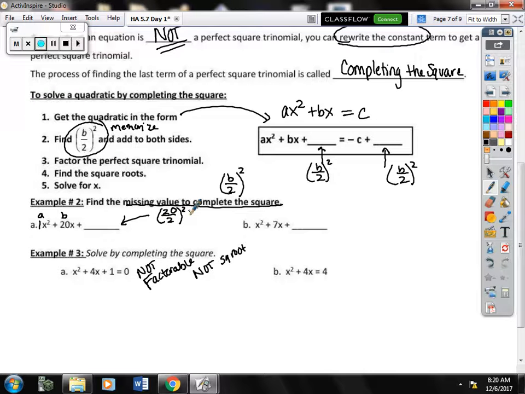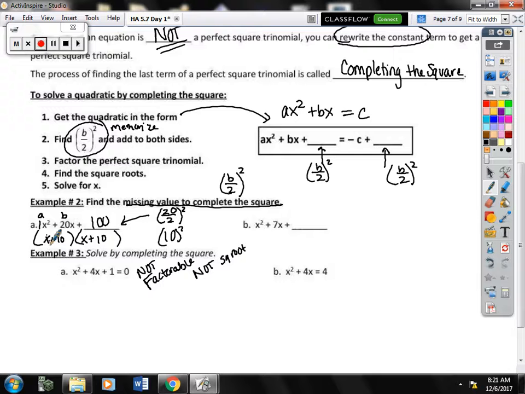You do want to use parentheses first to get 10, then square it to get 100. Now check and make sure this is a perfect square trinomial. If I were to factor this, I would factor into x plus 10, x plus 10, which is exactly the same, which means it's a perfect square trinomial.